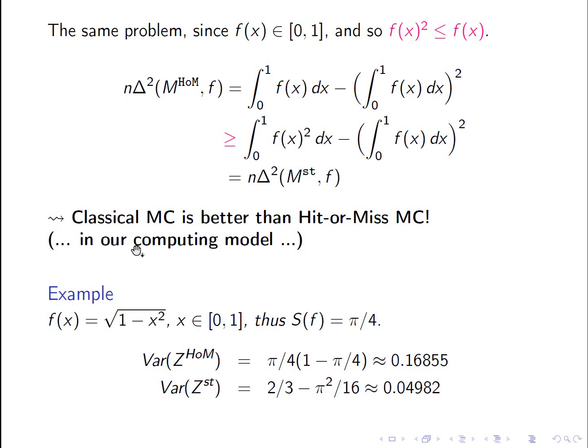That's why I wrote here: in our computing model. But the main reason why I showed it to you is that always in numerics, some people show you a new algorithm and claim that it's really great, but it might not be great if you do a thorough analysis. There's always a caveat about new methods; you have to analyze them.